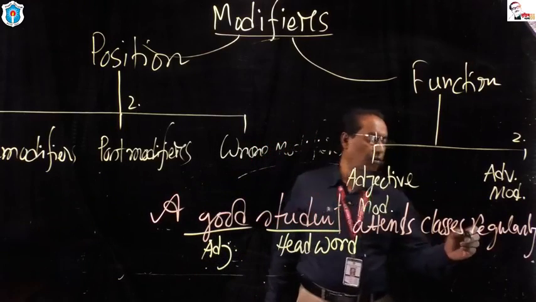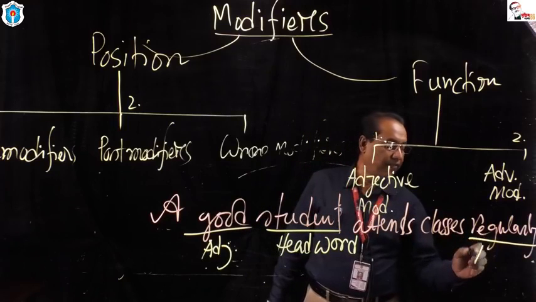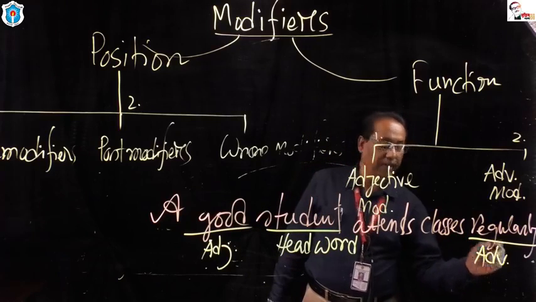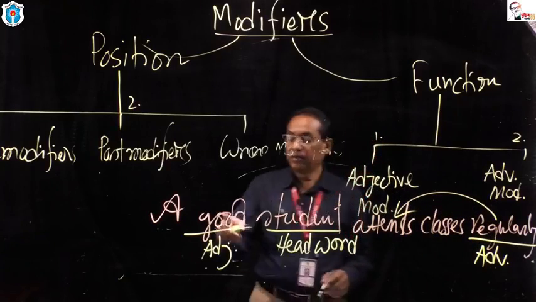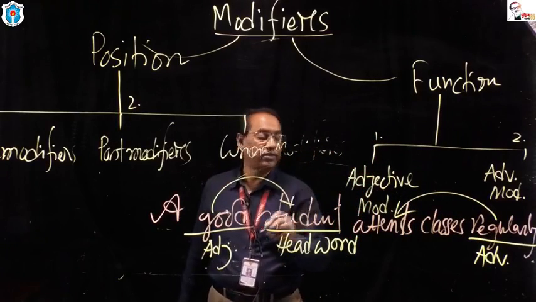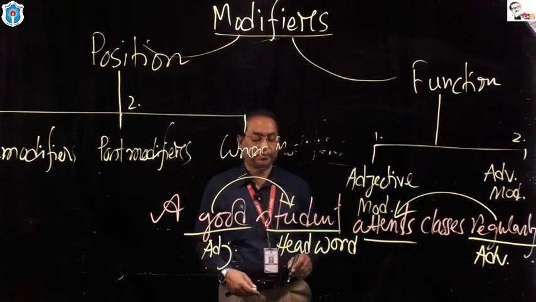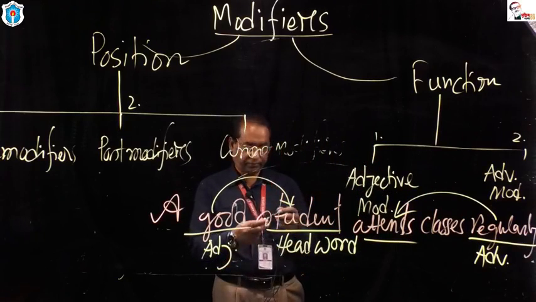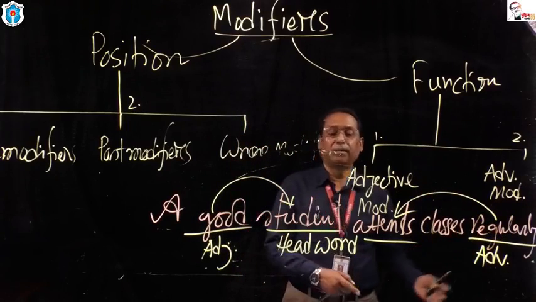On the other hand, look at regularly. This is an adverb. It modifies the verb. Good modifies student and regularly modifies the verb attends. Okay? So here regularly is an adverbial modifier.